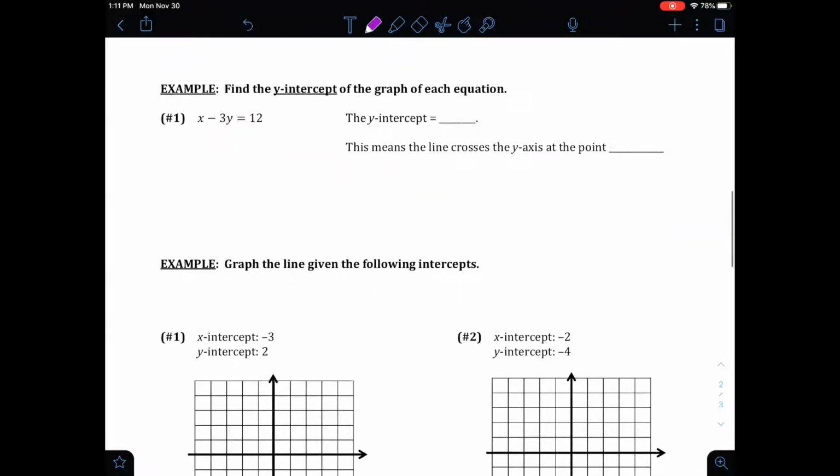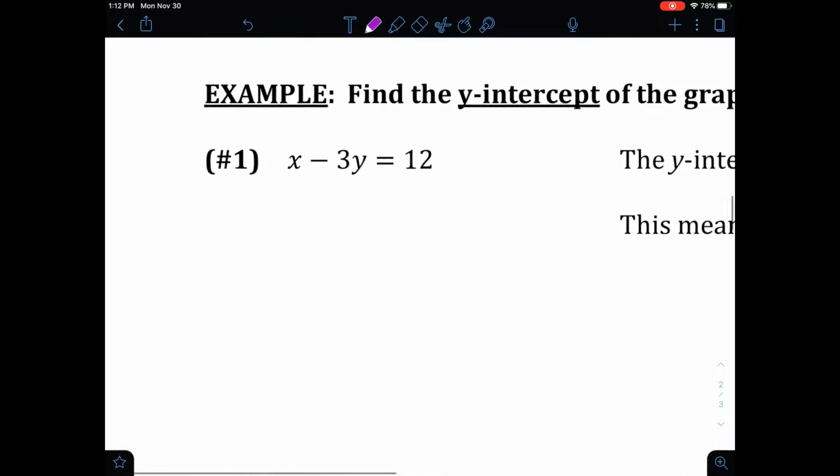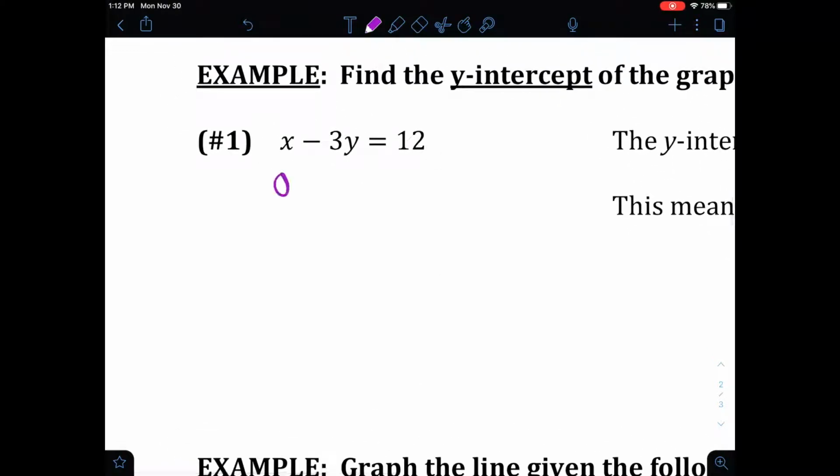All right, let's find the y-intercept now. Now we're doing a similar thing, but not quite the same. It says find the y-intercept of the graph of each equation. We have x minus 3y equals 12. Again, we're looking for the y-intercept, so we're going to plug in 0 for the opposite one here. So we plug in 0 for x. We get 0 minus 3y equals 12. The 0 cancels out. We get -3y equals 12.